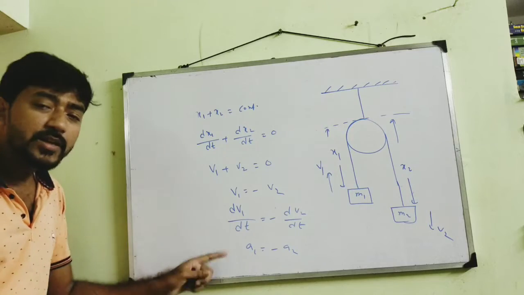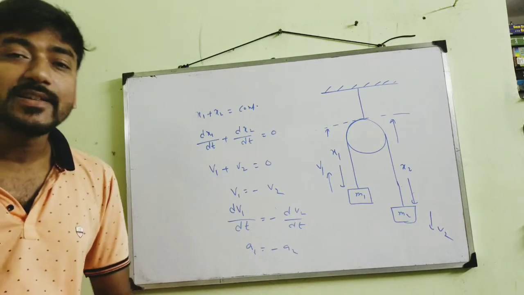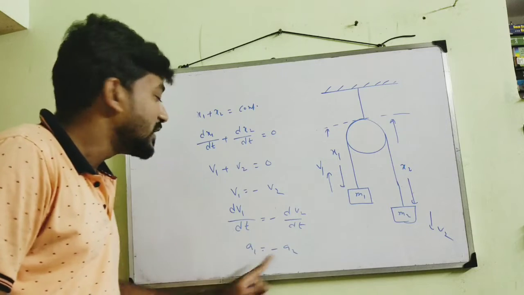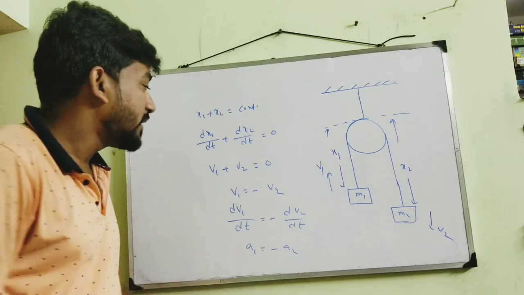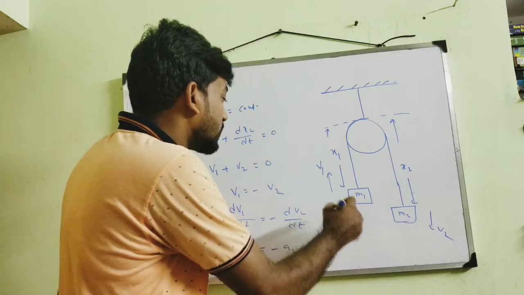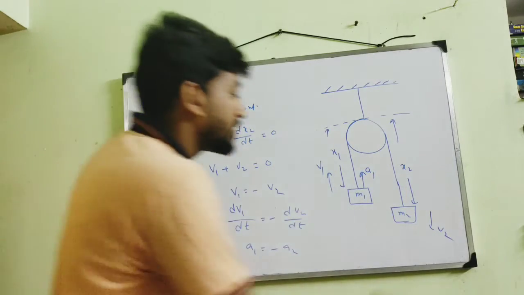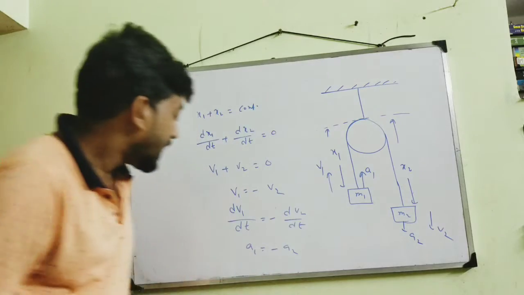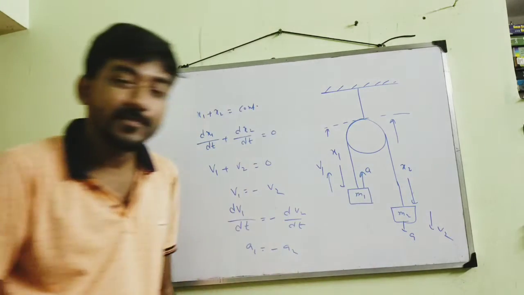So this is the mathematical finding of the relation between the accelerations of the two masses m1 and m2, that is a1 equals minus a2. So mathematically we can find that if the acceleration of m1 is in the upward direction, then that of m2 will be in the downward direction, and as a1 equals minus a2, we can simply write it as a.